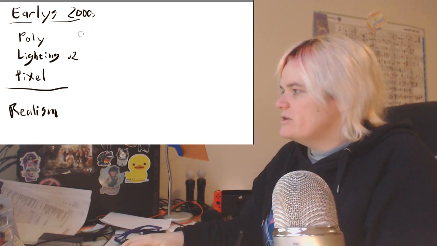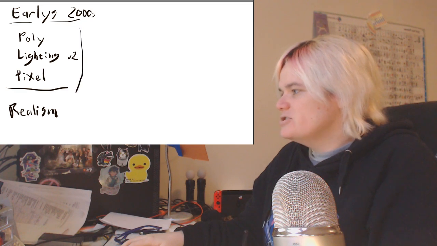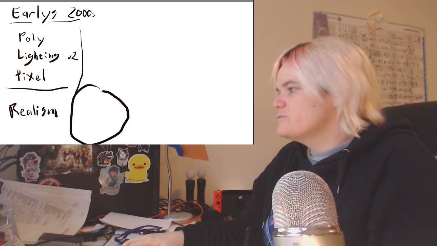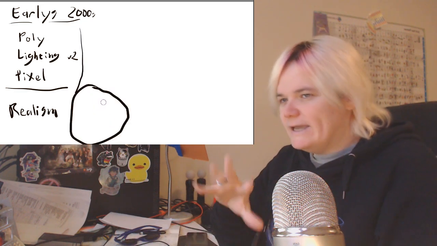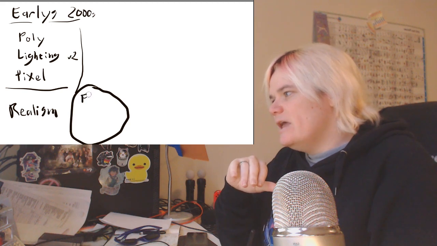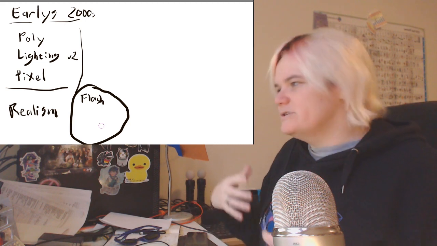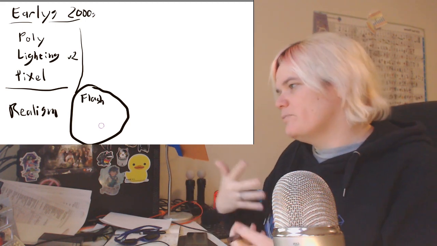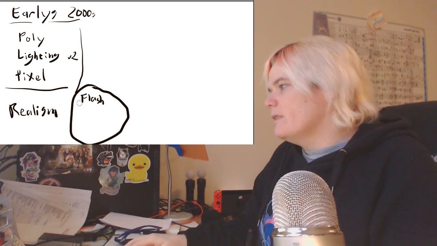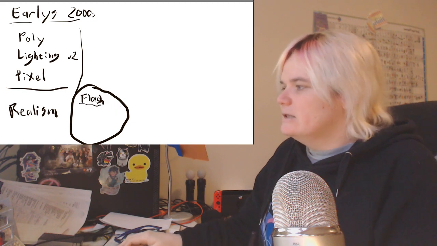Now at this point, there's a tangential bubble that's worth mentioning. That's not big AAA games, but it's worth mentioning. You've got Flash going on, and Flash is super vibrant. It's vector art. It's an indie style.